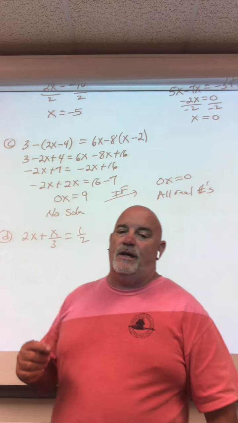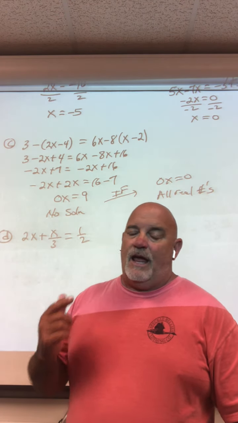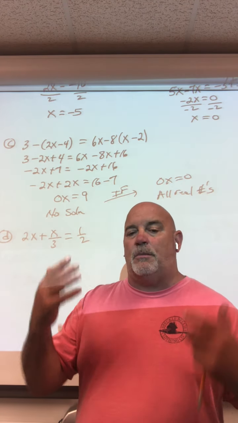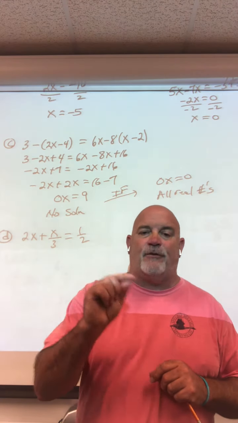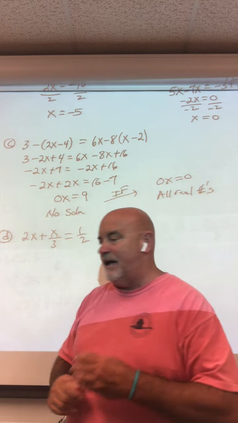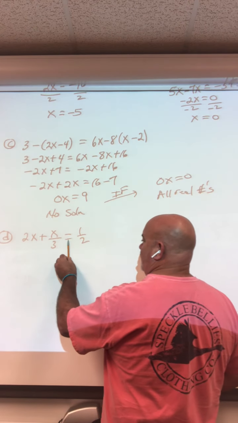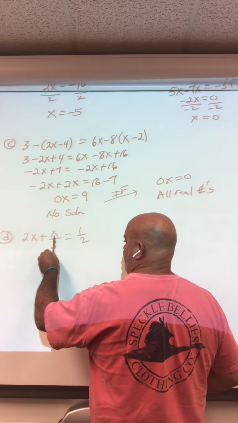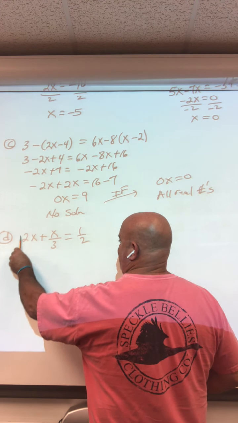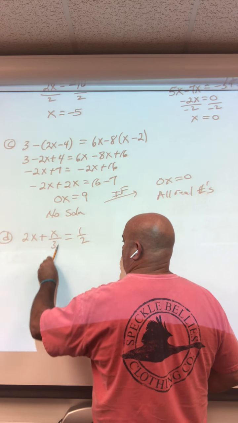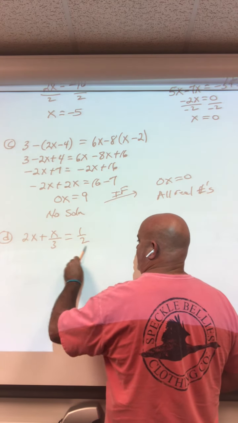But what I want to do is I want to multiply. Now, you need to remember, when you multiply a side by a number, it has to be every term on that side. So, for instance, here's my equal sign. There are 2 terms here. So, when I multiply by 6, I have to multiply this by 6, and this by 6, and this by 6.